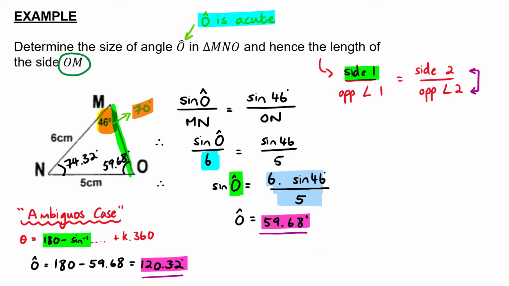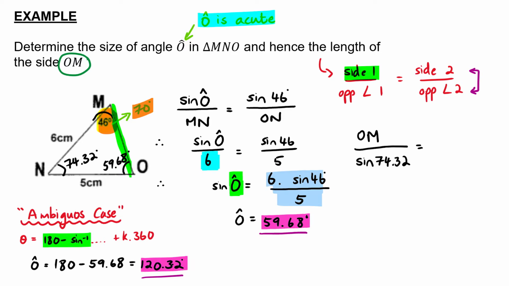So as before, when writing out the formula, you always start by writing what you're looking for over its opposite angle, which in this case is going to be sine 74.32, and that is going to be equal to any opposite side and opposite angle.